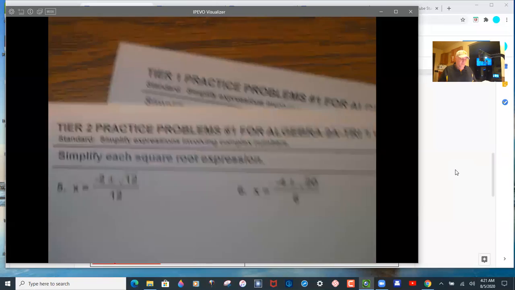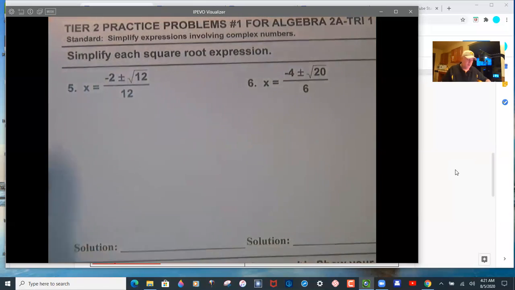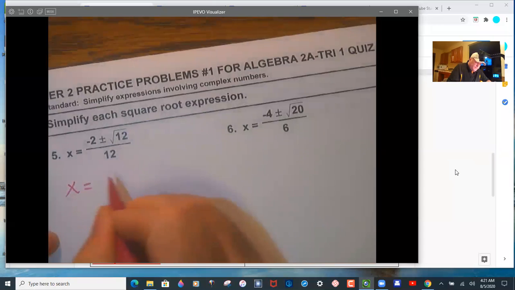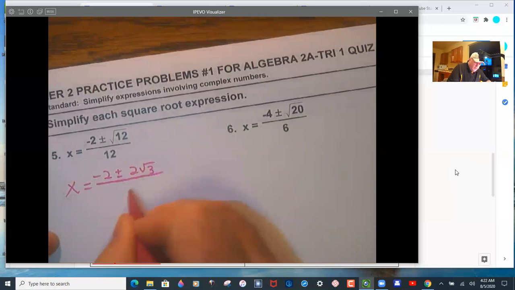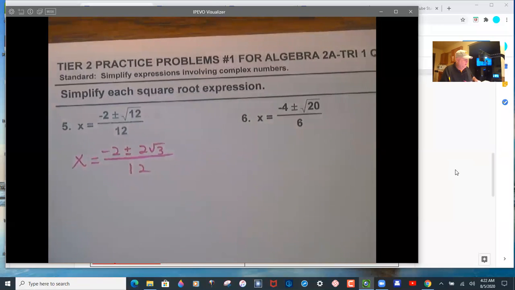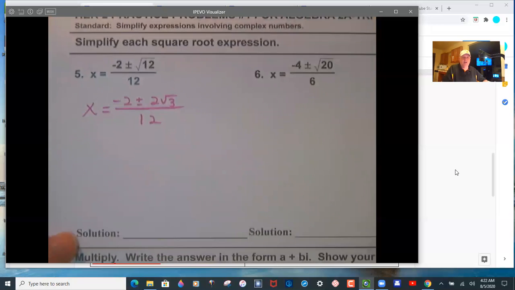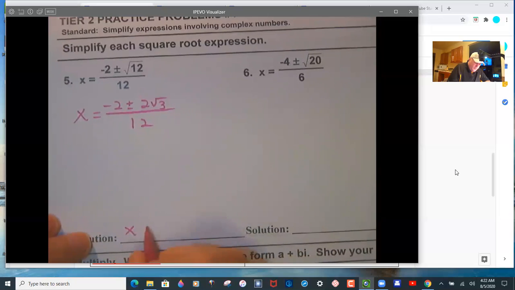Okay, simple enough. Now we're reducing these square root expressions. So this is 2 times the square root of 3. And then we want to look for the largest number that will divide into all 3 of those, which is obviously a 2.